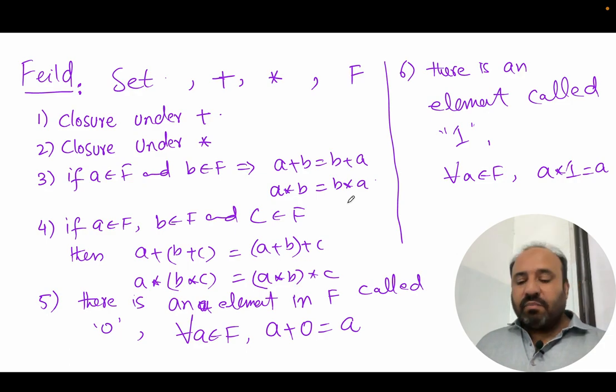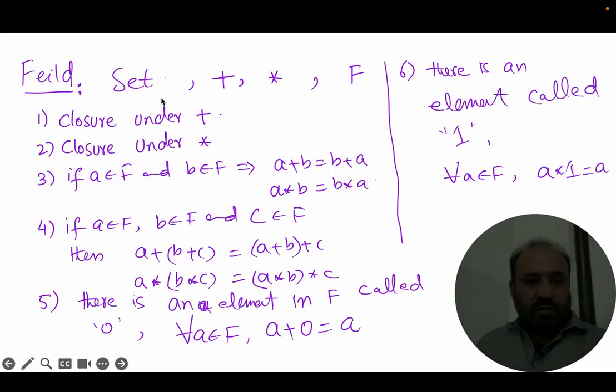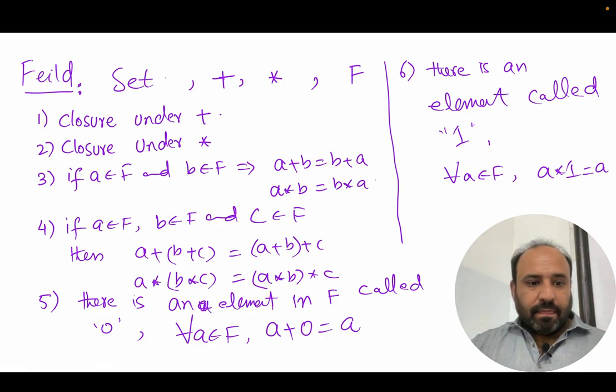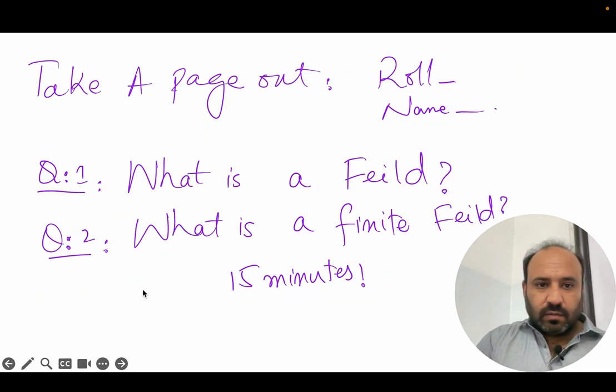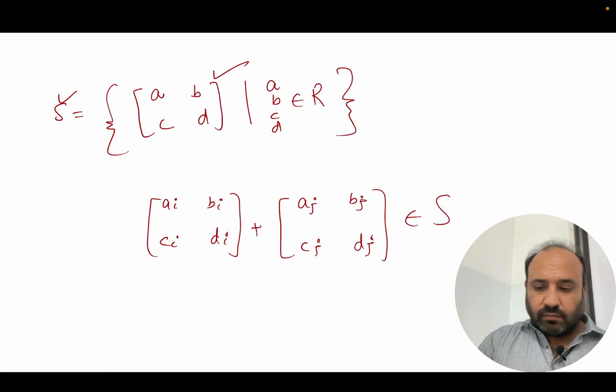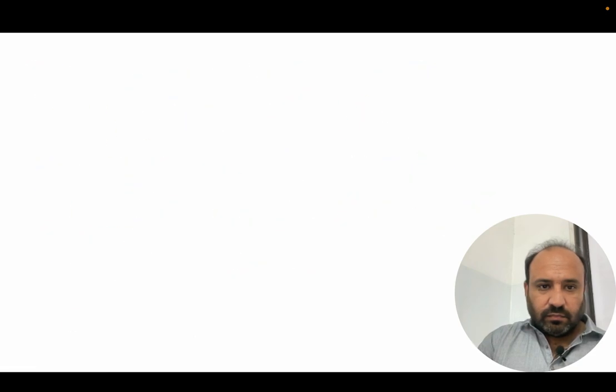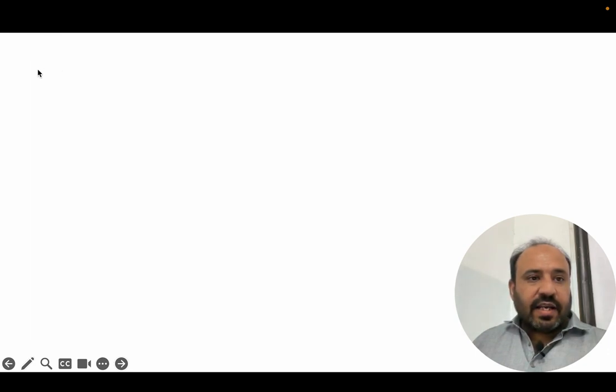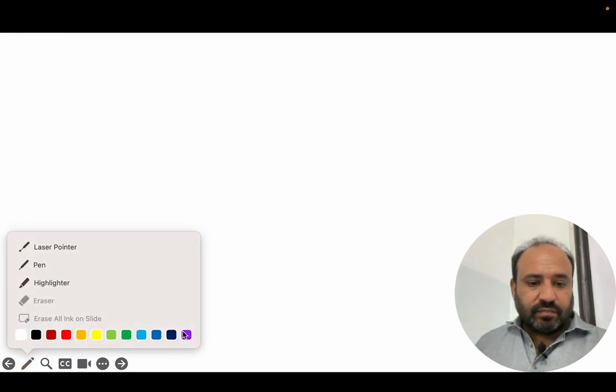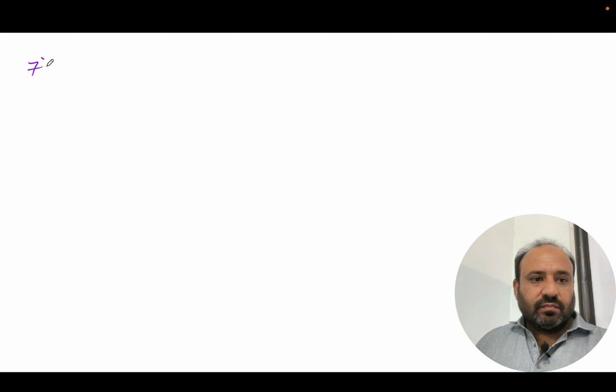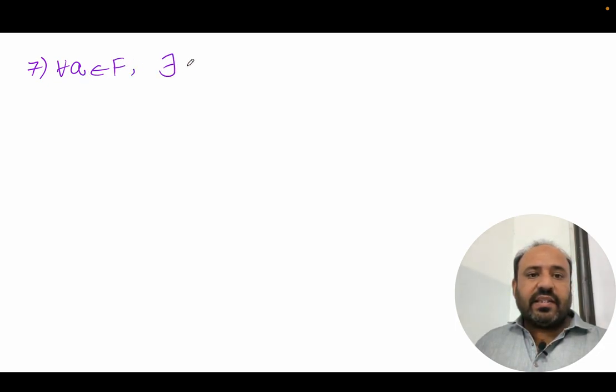Additive inverse, multiplicative inverse. Oh, what is that? Additive inverse and multiplicative inverse. Additive inverse: for all a belongs to F, there exists an additive inverse.